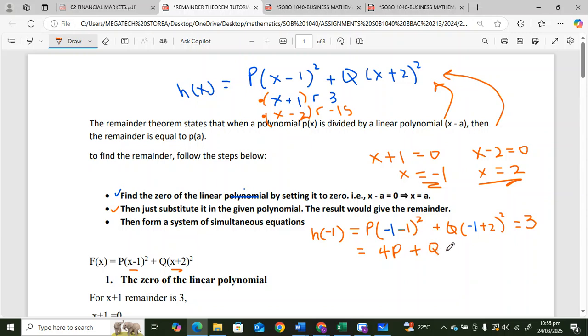So you say 4p plus q equals 3, and you label this as equation 1. Any questions?